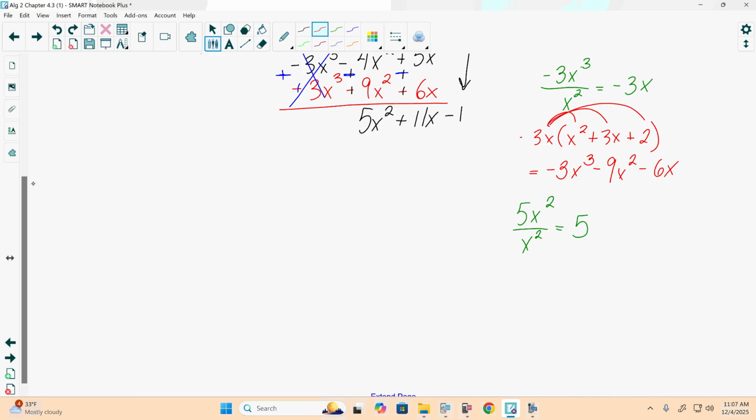We're going to have to multiply 5 by x squared plus 3x plus 2, yes? 5 times x squared is 5x squared. 5 times 3x is plus 15x. And 5 times 2 is plus 10.